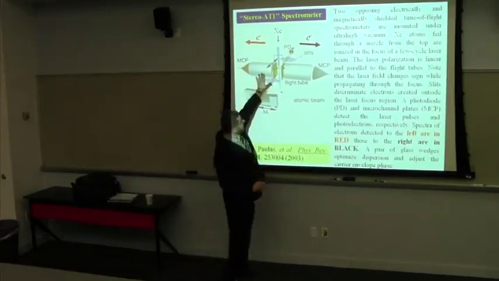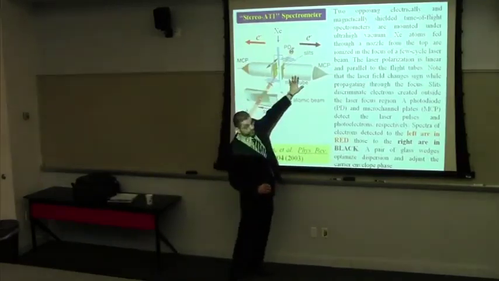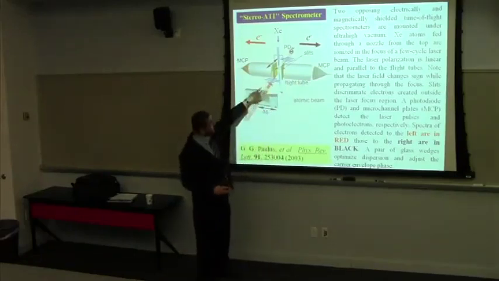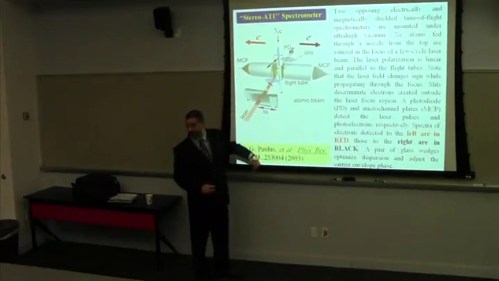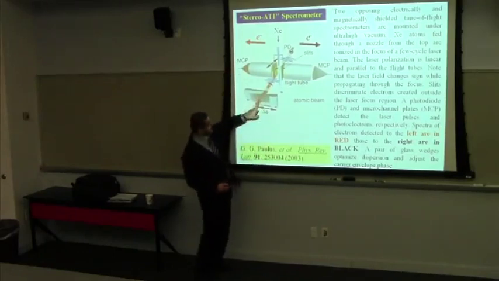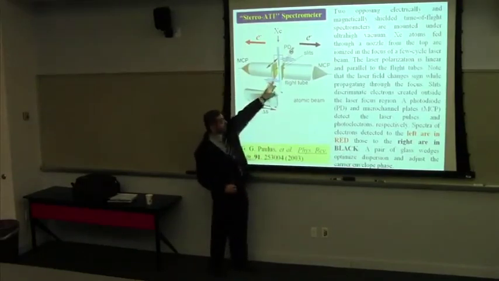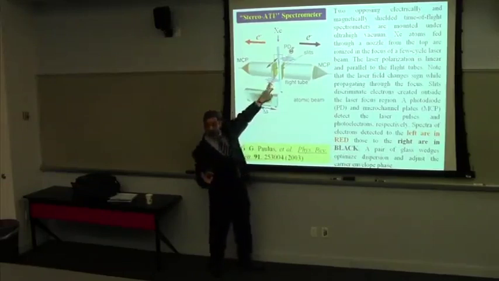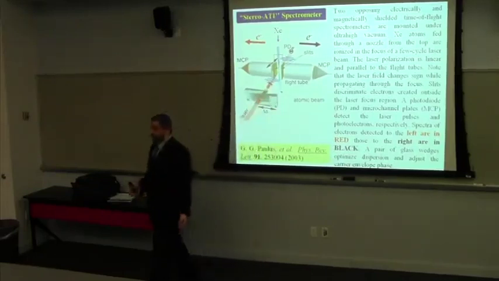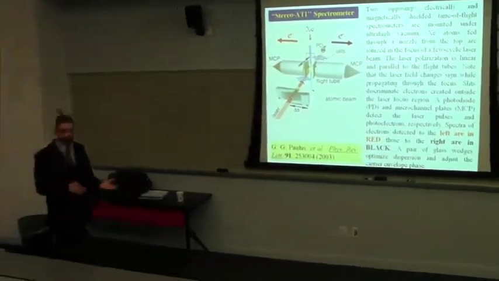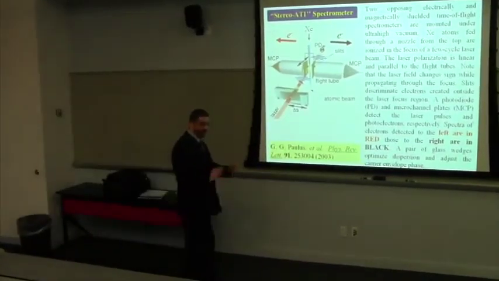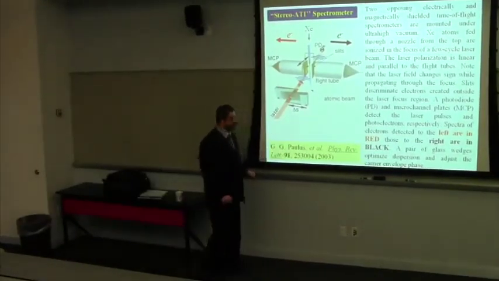You have two spectrometers here. This is in ultra high vacuum. You inject xenon or some rare gas atoms from the top, and you have a laser beam coming in here. Forget about this for a second. You have a two-color laser, so it's a superposition of two waves, basically. One is usually twice the frequency of the other, so you have these wave packets, these pulses.